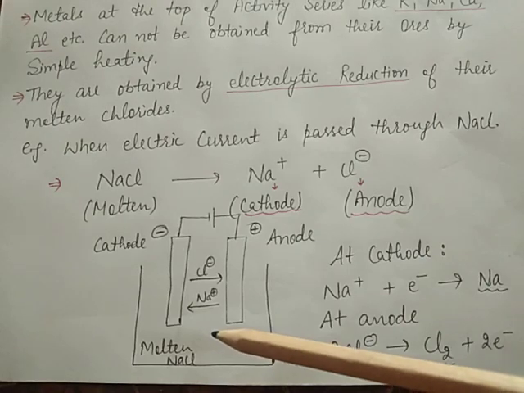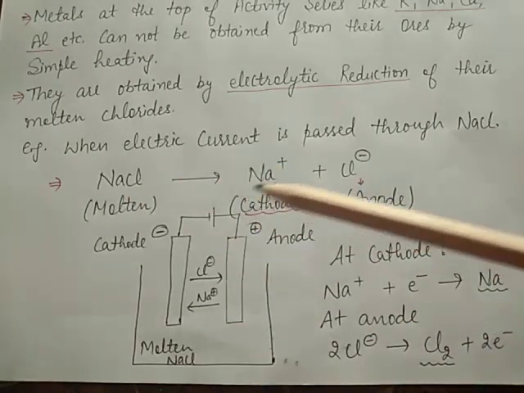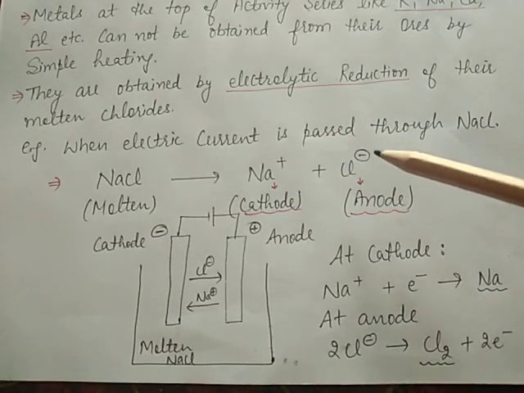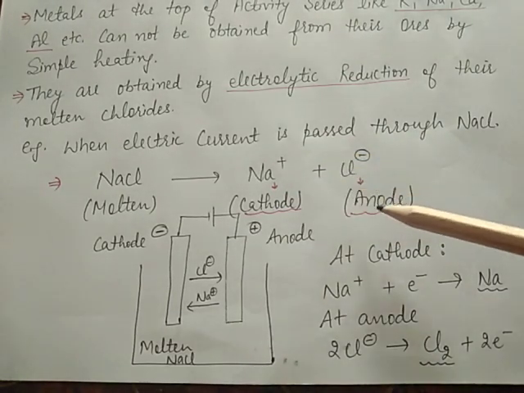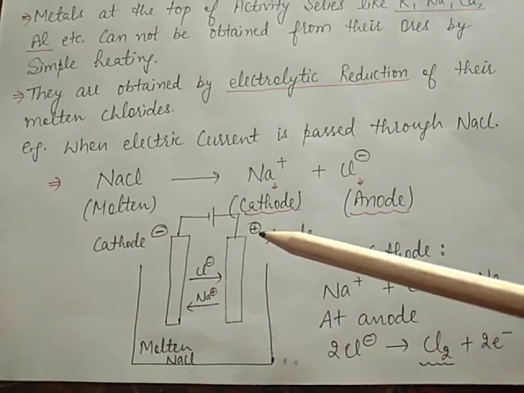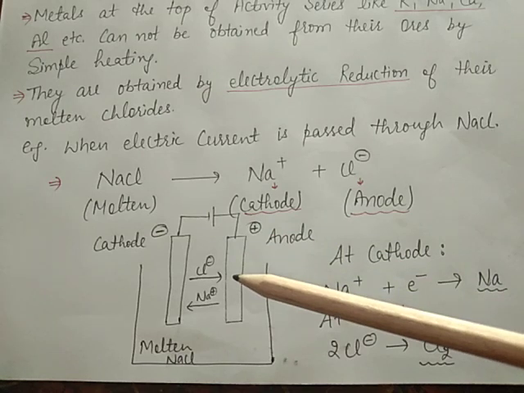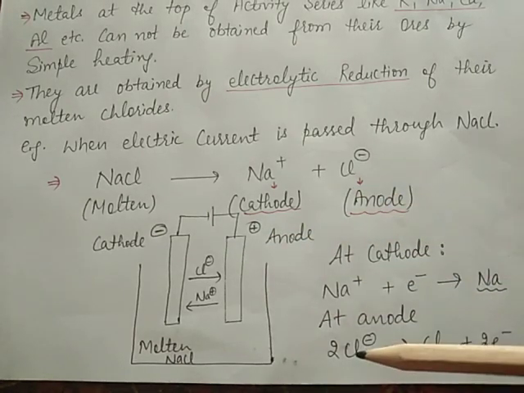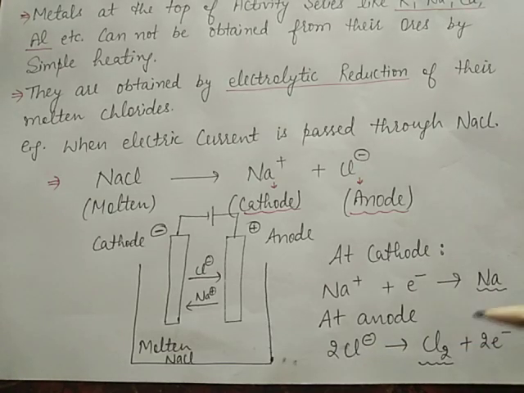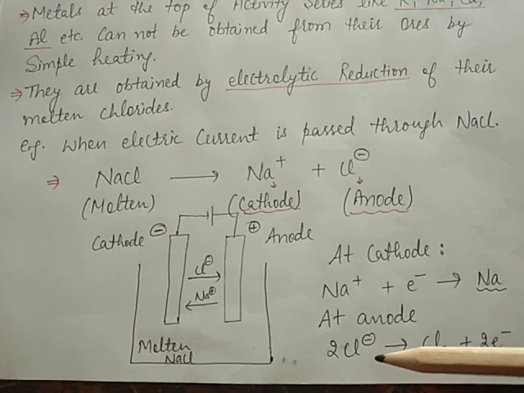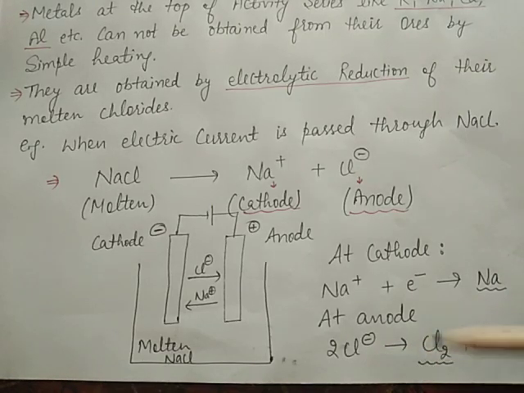After passing the electric current, this NaCl is dissociated into two ions, Na positive and Cl negative. This Cl negative goes to the anode, because it is attracted by the positively charged electrode. Oxidation takes place, and it releases two electrons and changes into Cl2.